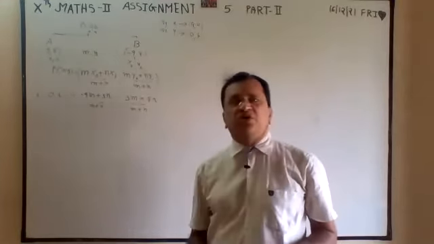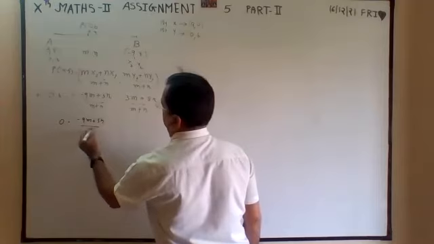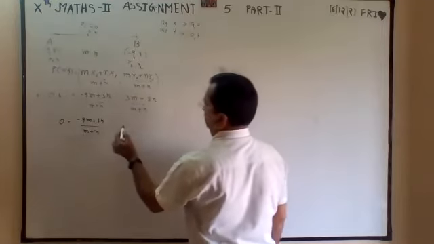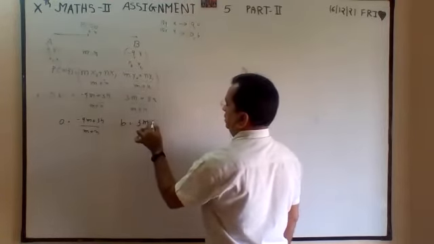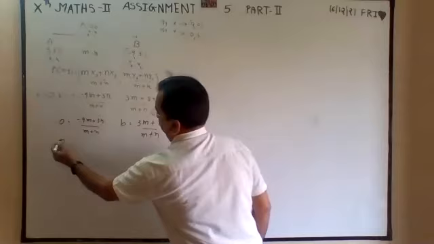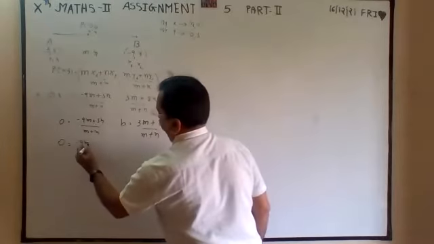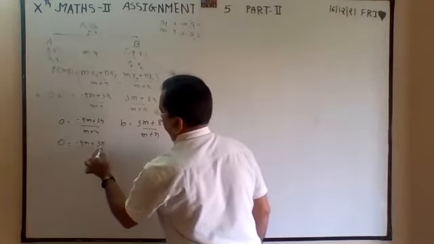So here 0 is equal to (minus 9m plus 3n) divided by (m plus n), and b is equal to (3m plus 8n) divided by (m plus n). Cross product, so it is 0 equals minus 9m plus 3n.